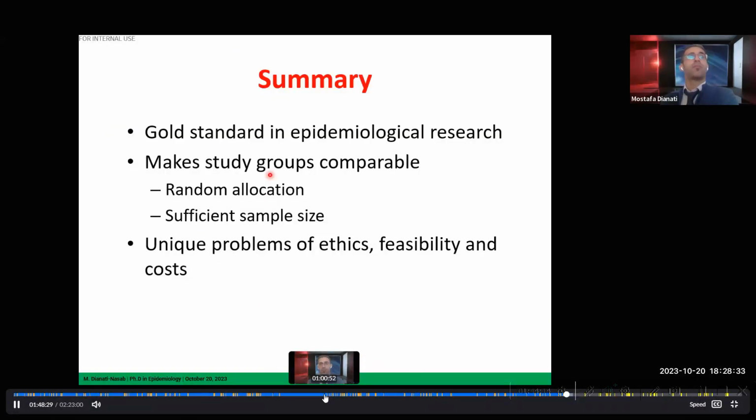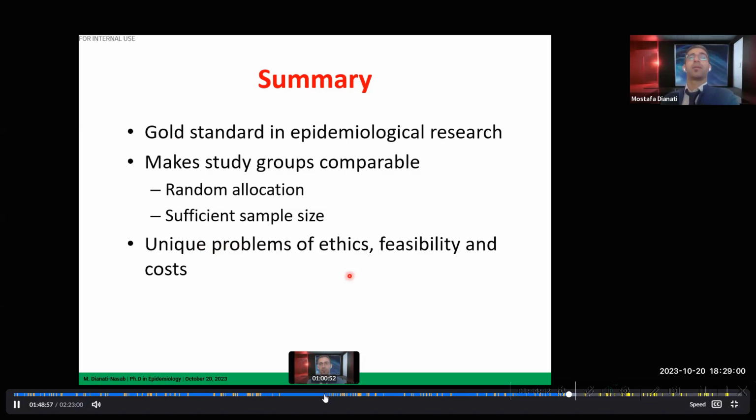Okay, just to have a summary, this is a gold standard in epidemiological research. We can make the study groups comparable by random allocation, and then we must have a sufficient sample size. We have sample size calculation for this kind of study, and also unique problems of ethics, feasibility, and cost.